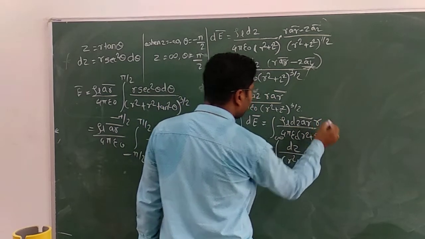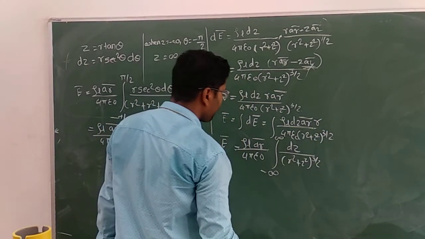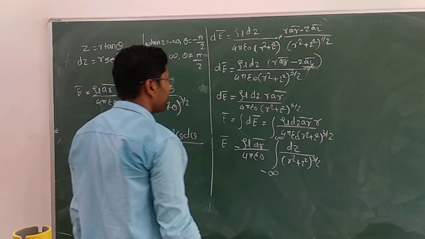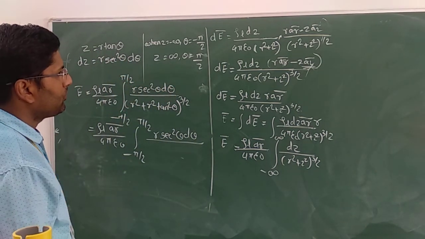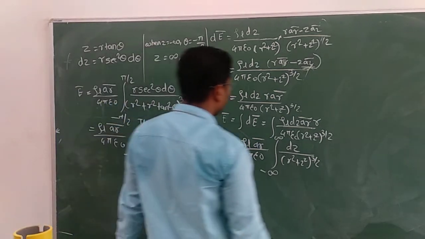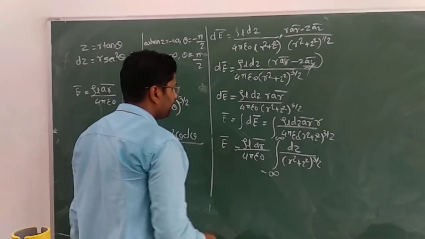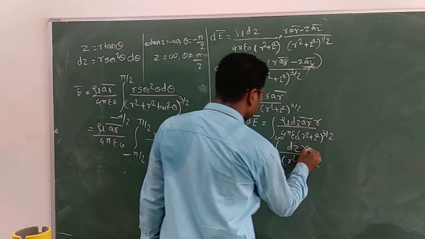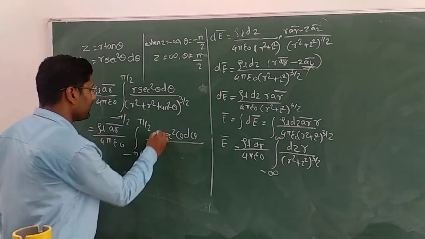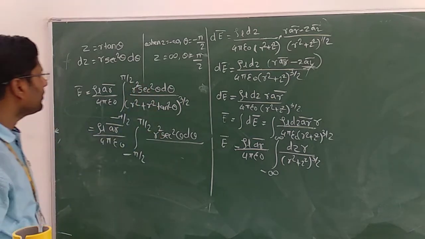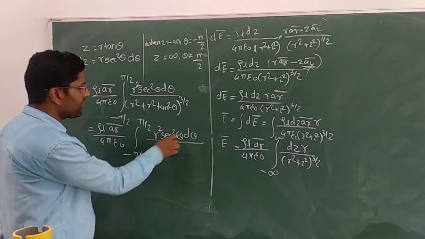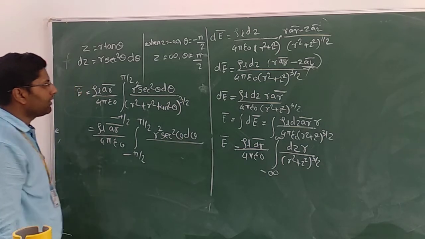Here is also r. There is also r available, there is the r square. Do this correction: r square sec square theta d theta.